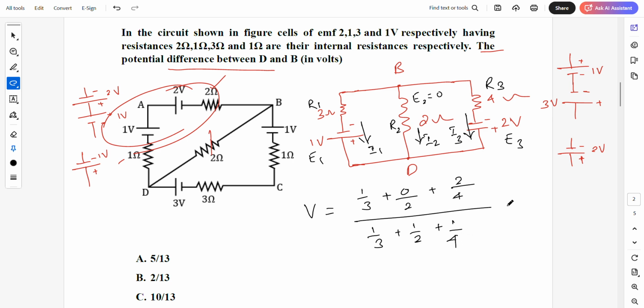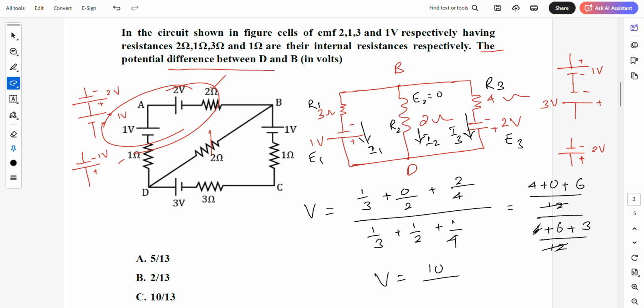Here we take the LCM as 12. In the numerator, 4 plus 0 plus 6, and in the denominator 12 LCM, 4 plus 6 plus 3. This gets cancelled.